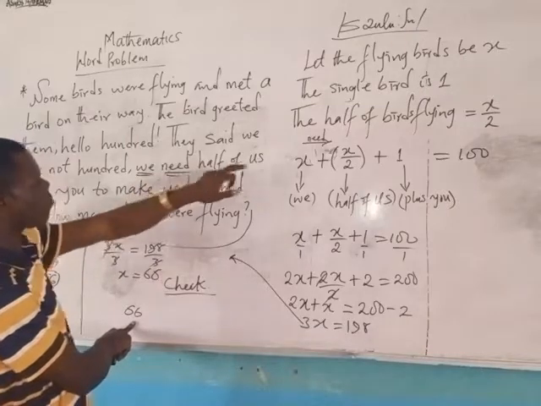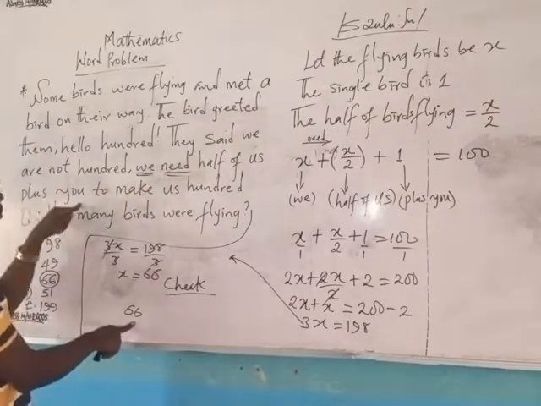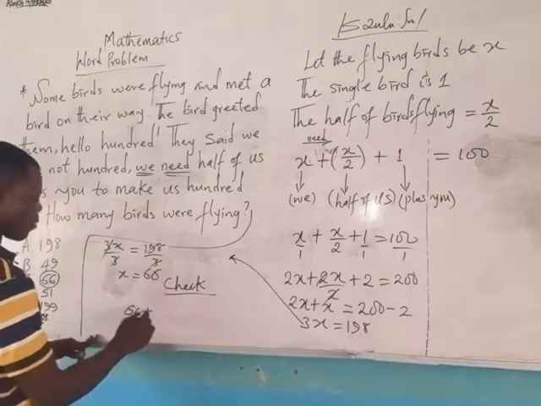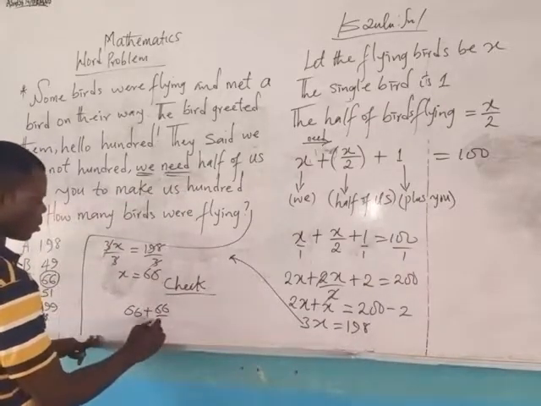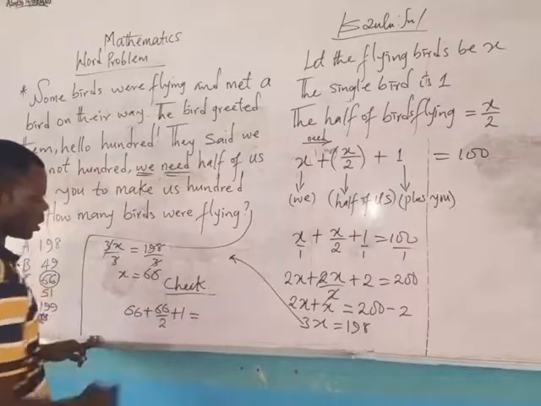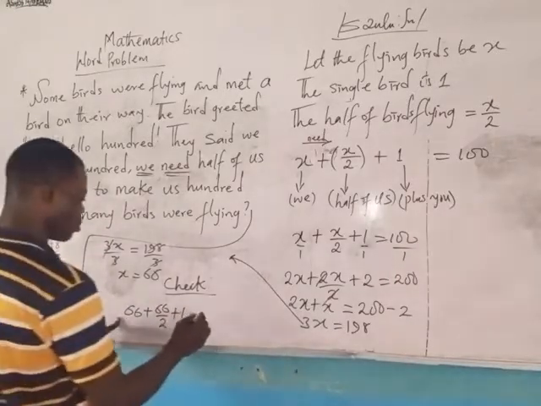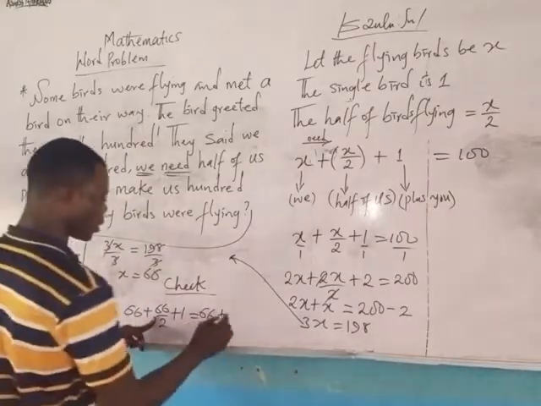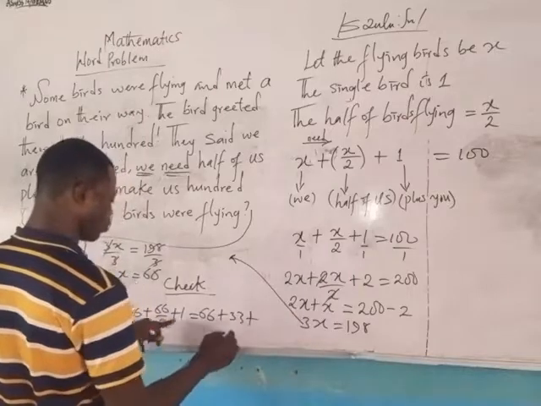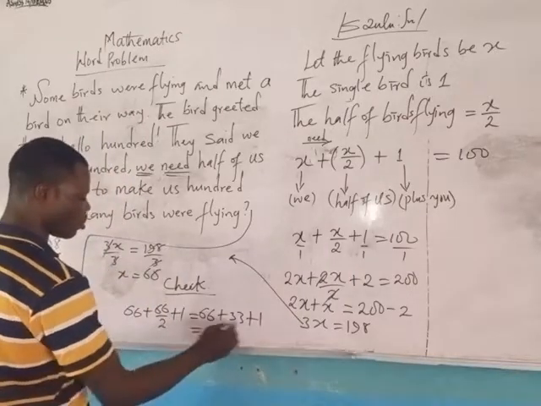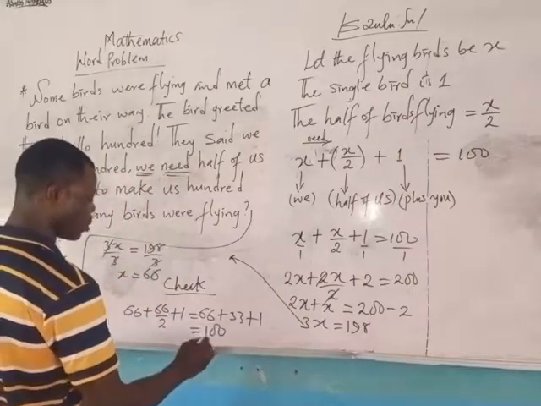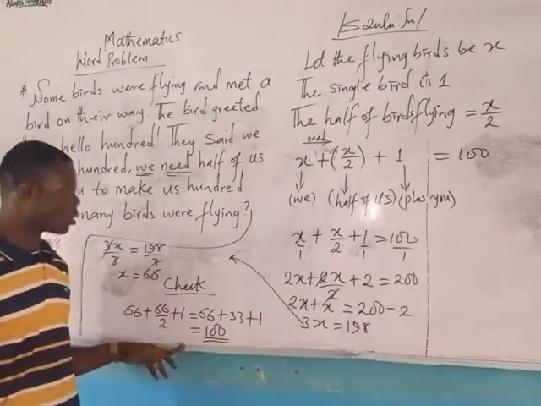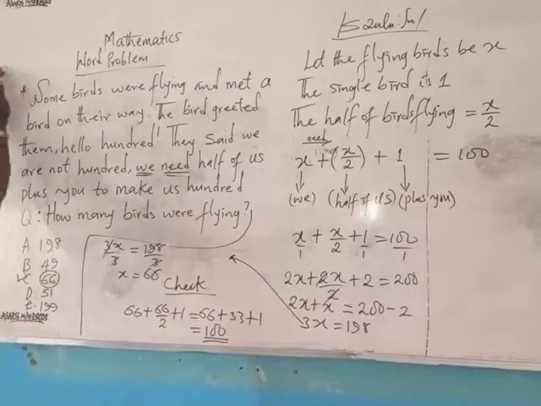We need half of us plus you to make us 100. So this will now be 66 plus half of 66, which is 33, then plus you, which is 1, which will now be 100. So this is the correct answer for this word problem.